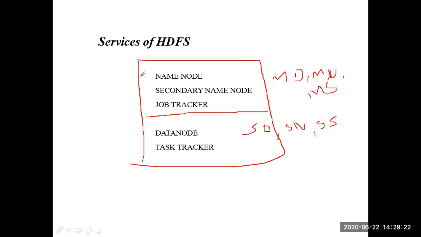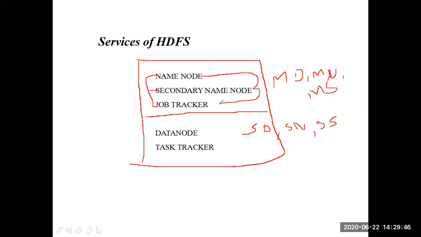And when we come to this, okay, any node in the master can communicate with another node in the master directly. Name node can directly contact secondary name node or job tracker. Job tracker can directly contact secondary name node or name node. They can internally call anyone.